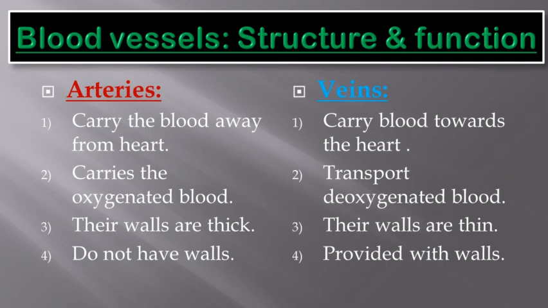Arteries carry the blood away from the heart, and they carry which type of blood? Oxygenated, that means blood which contains more oxygen. While veins carry blood towards the heart and carry deoxygenated blood, that means blood which contains carbon dioxide.